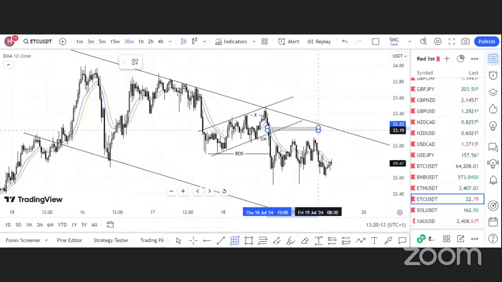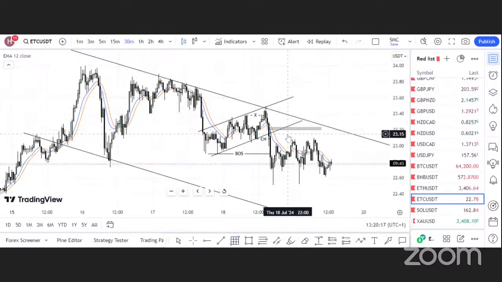So we have the bear taking over from this level. Okay, we had the bear taking over from this level, and that was how this move was created.